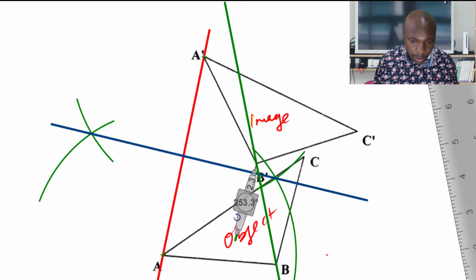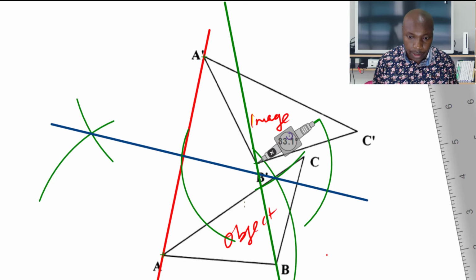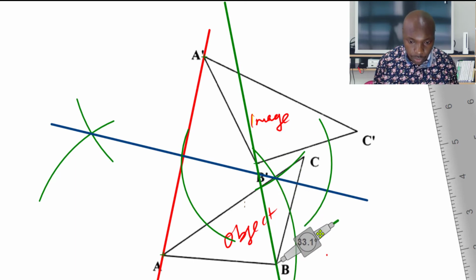Also I mark an arc there, and then down here I can still mark another one. Then with the same radius, without changing it, you go to B. Stand at B with the same radius and cut that arc that you've made, the first one.